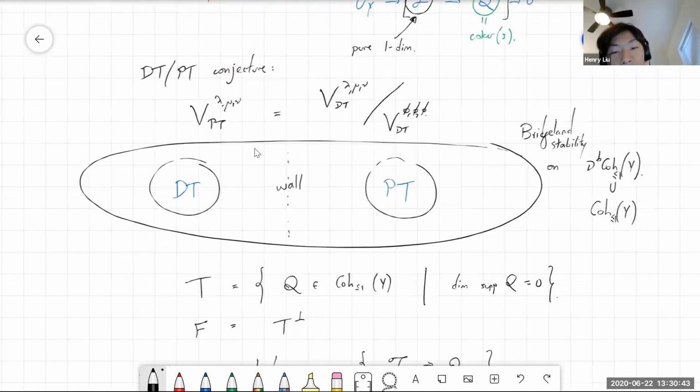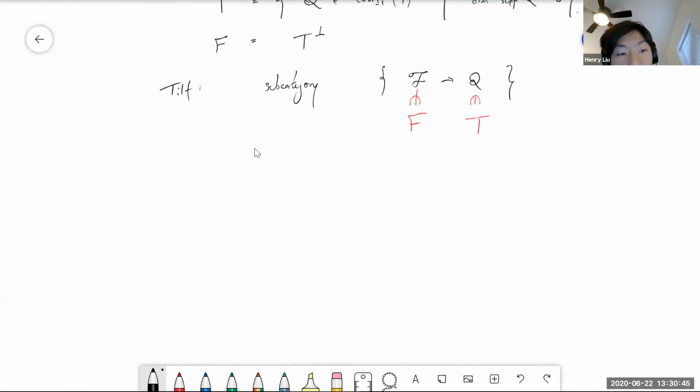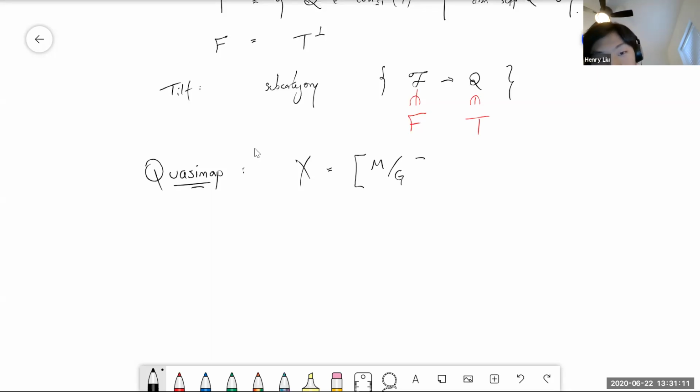So now I should explain the other half of the title, which is the quasimap. So quasimaps are a slightly different way to count curves. Okay. So roughly speaking, if you have a GIT quotient X, say, sorry, that's not what I want. That's not a GIT quotient.